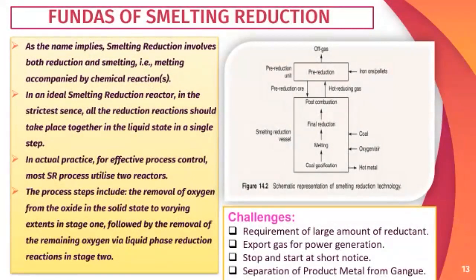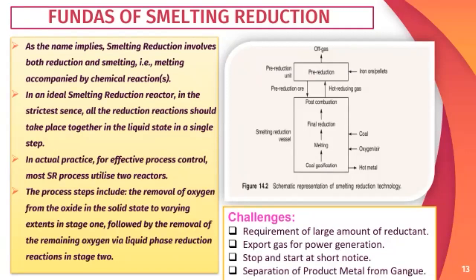In actual practice, for effective process control, most smelting reduction processes utilize two reactors. So if we have to conclude smelting reduction in one sense, it is basically a two-step process in which firstly the removal of oxygen takes place from the metal oxide in solid state in varying stages, and then in the second step removal of the remaining oxygen takes place in the liquid or molten state.